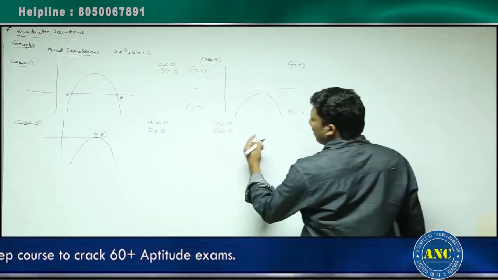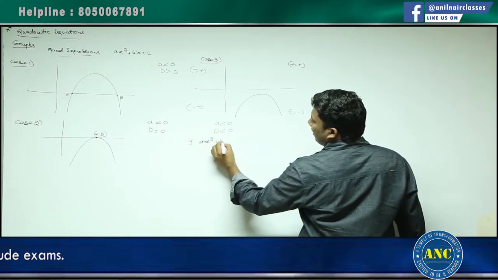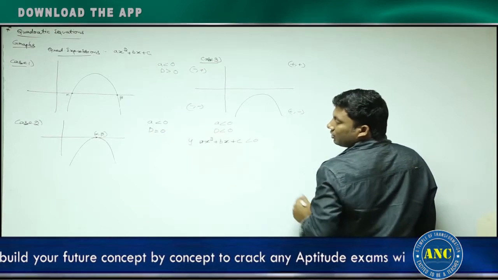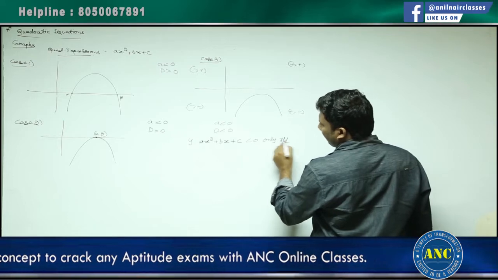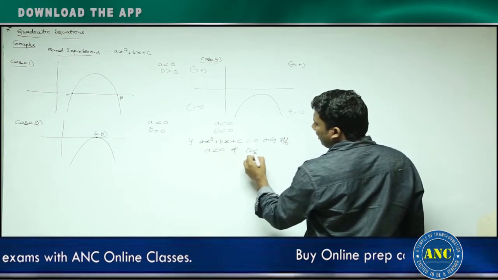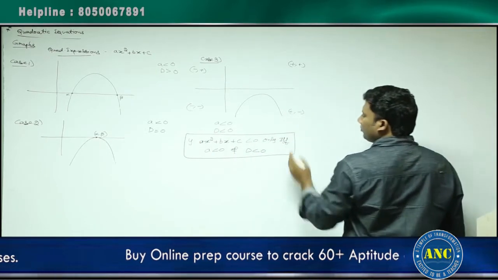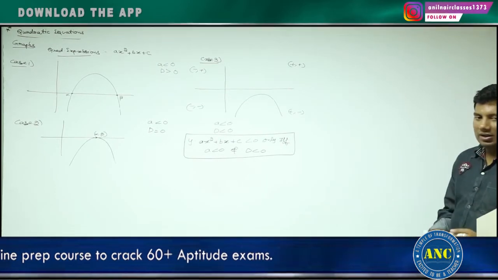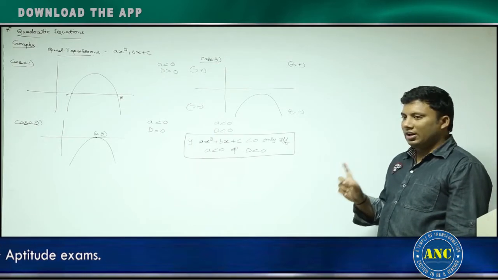Very, very important learning. Y is ax square plus bx plus c. It is less than 0 only if A is less than 0 and D is less than 0. Ax square plus bx plus c is less than 0 only if A less than 0, D less than 0.